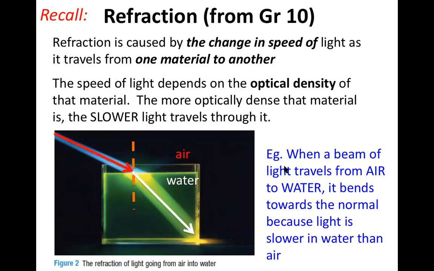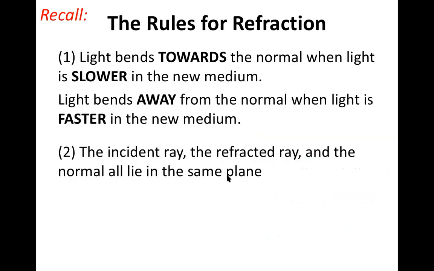So for example, when a beam of light travels from air to water, it bends towards the normal because light is slower in water than in air. So light bends towards the normal when light is slower in the new medium. Light bends away from the normal when light is faster in the new medium. And the incident ray, the refracted ray, and the normal all lie in the same plane.